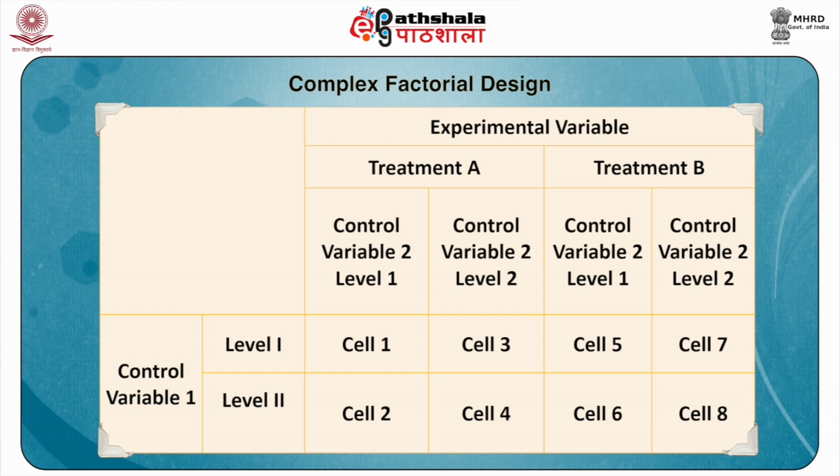The factorial designs are useful as they provide equivalent accuracy with less effort and are economical also. With their help, one can determine the main effects of two or more factors in one single experiment, permitting many other comparisons of interest.